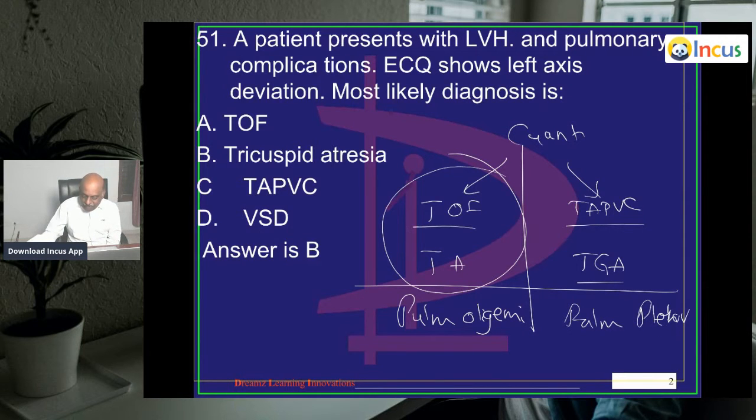Then within TOF and TA, how do you differentiate? TA is associated with left ventricular hypertrophy, left axis deviation. TOF is associated with right ventricular hypertrophy. That is a differentiator between the two, is what you need to emphatically remember.